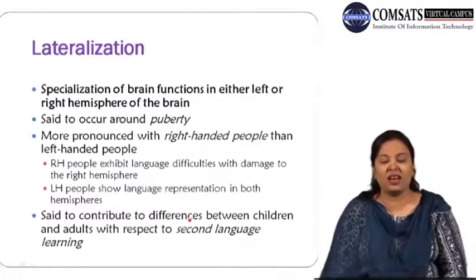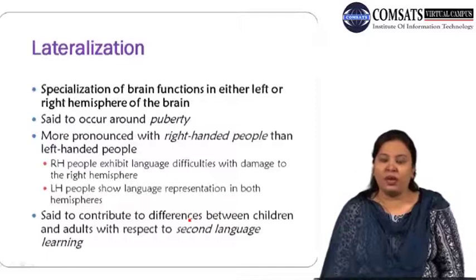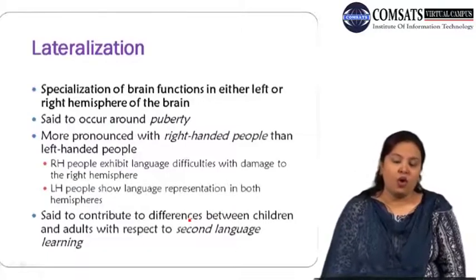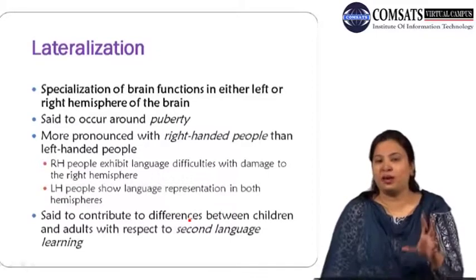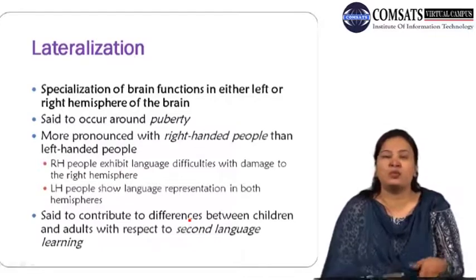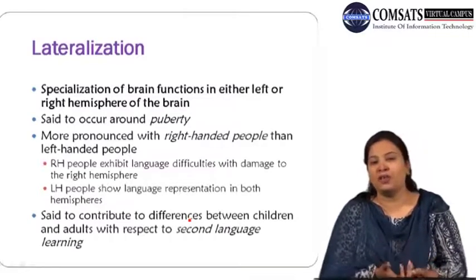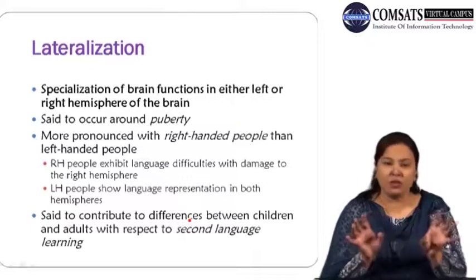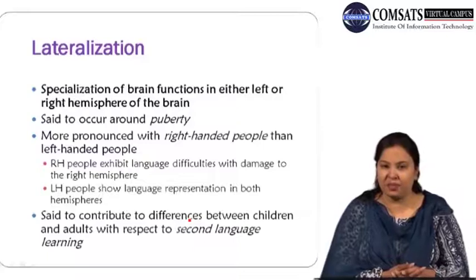Lateralization is the specialization of brain functions in either the left or right hemisphere of the brain. As we have just discussed, the right hemisphere is responsible for these things, and the left hemisphere is responsible for these things. So we are assigning certain responsibilities or functions to these hemispheres individually. This is called lateralization.